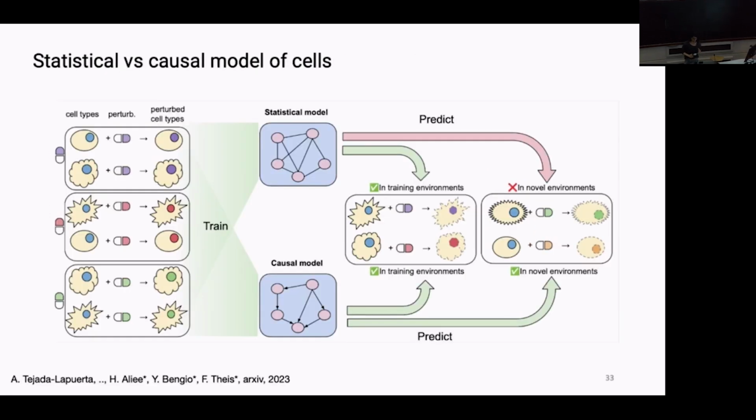And for modeling this type of problem, most of the methods in the literature are statistical. For example, if we have cell types and different perturbations, like adding different drugs to these cell types, and we train a statistical model, of course, they can be very good in reconstructing the data, and also for predicting the performance on data similar to what they have been trained on.